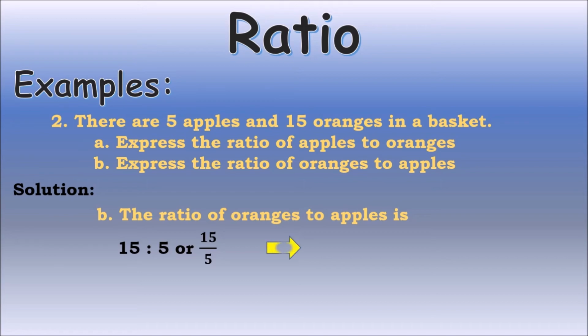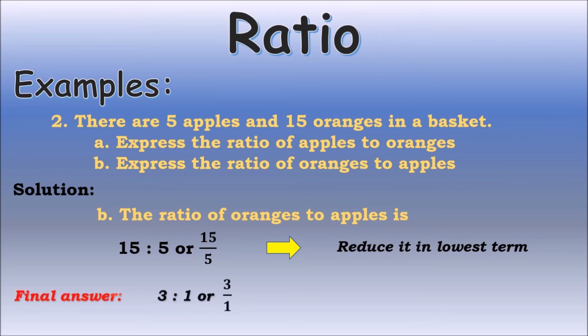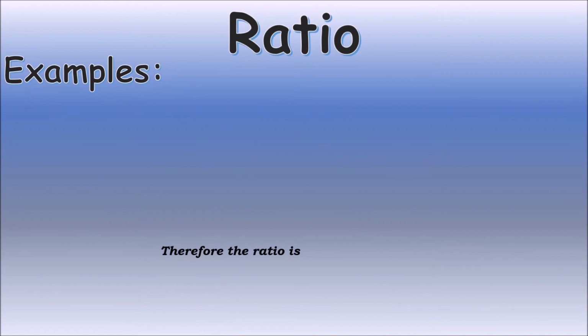Again, we can still reduce this to its lowest term. Divide the numerator and the denominator by the GCF, which is 5. So the final answer is 3 is to 1 in colon form, or 3 over 1, or just 3 in fraction form.